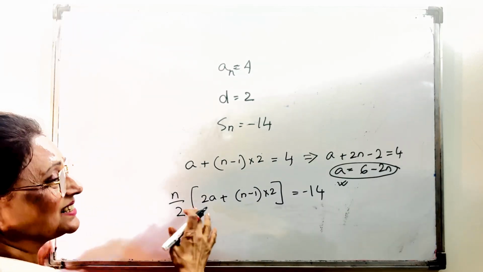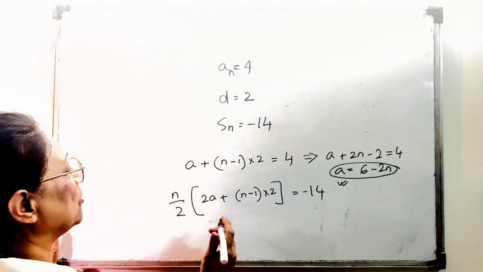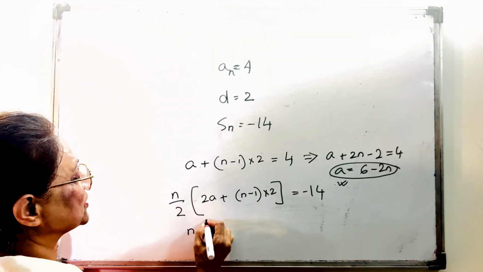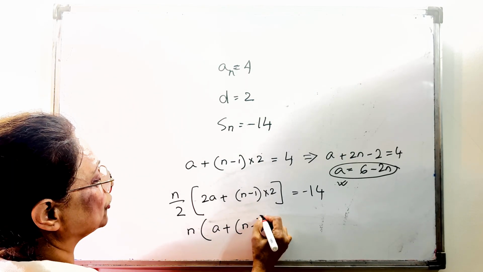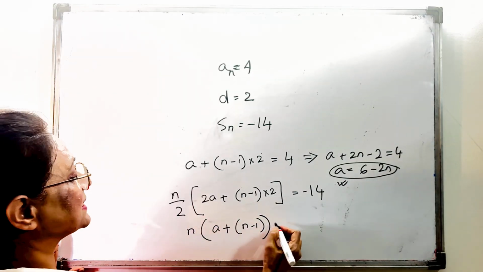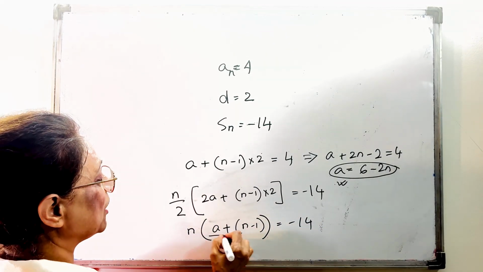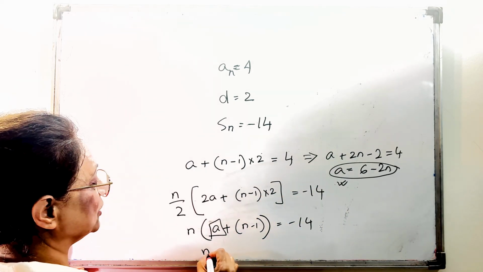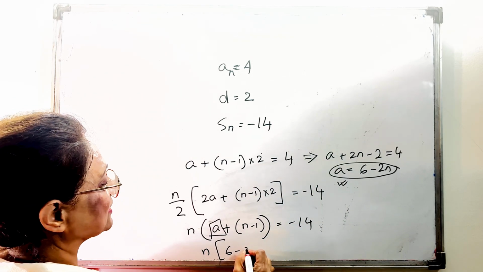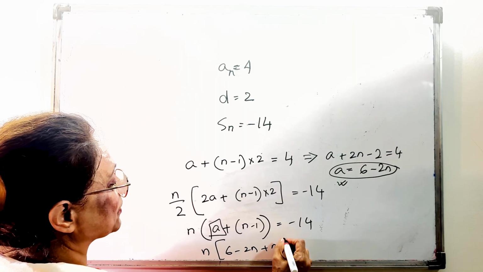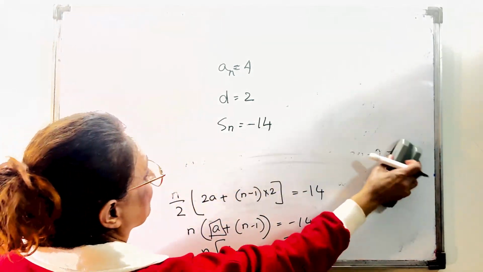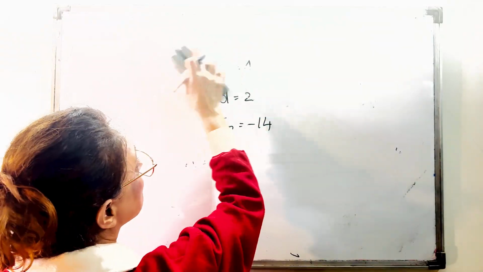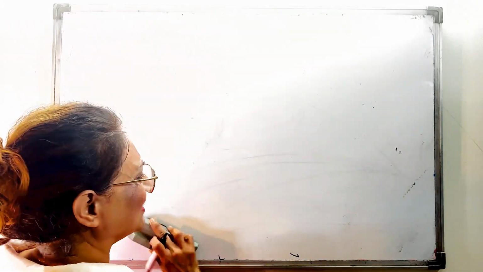Before that, as I always say, take common. 2 comes out, so what is left? A plus n minus 1, isn't it? 2 outside, a plus n minus 1, that is minus 14. Now instead of a, substitute this value. 6 minus 2n plus n minus 1. Okay, and solve. Clear?